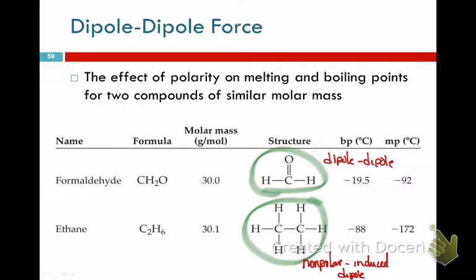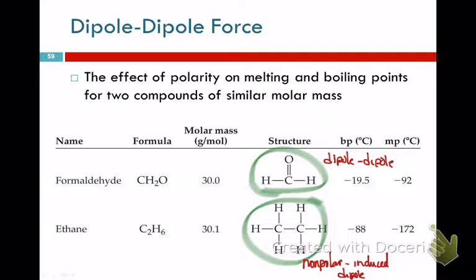Okay, the induced dipole is weaker. And the reason I say that is because the boiling point for this liquid is much, much lower than for this one. And what that means is when you're boiling it, you're getting it to the gas state, it's a lot easier to turn into a gas. So it requires less energy to separate the molecules.